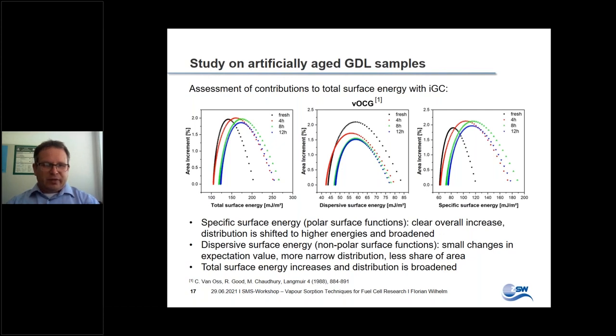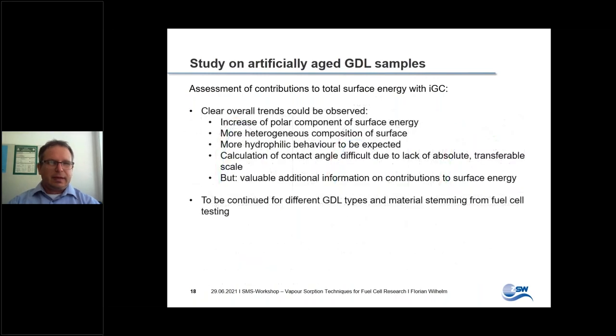So that's also some change, even if not that clear, in the non-polar surface energy distribution. For total surface energy, as composed of both components, of course, it increases, and the distribution is broadened in the end.